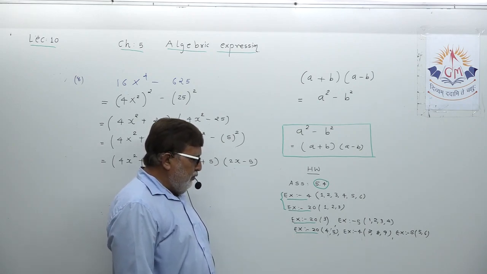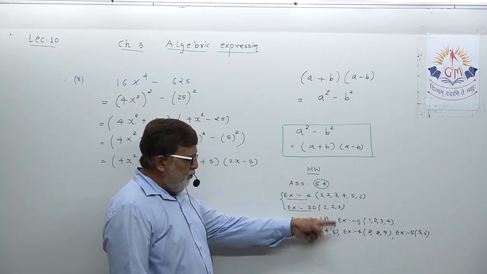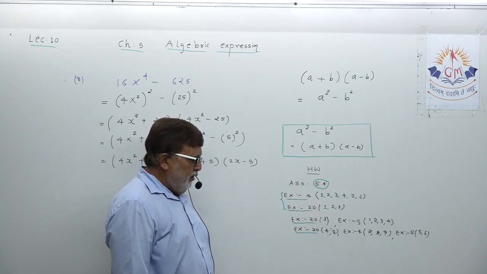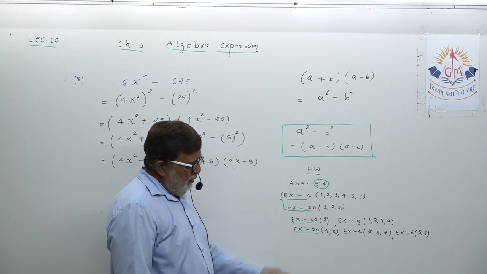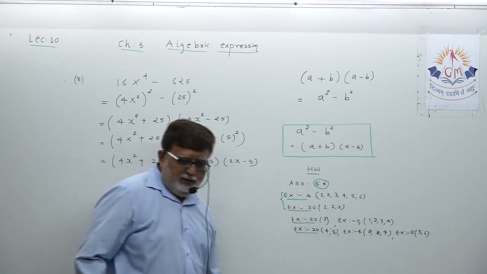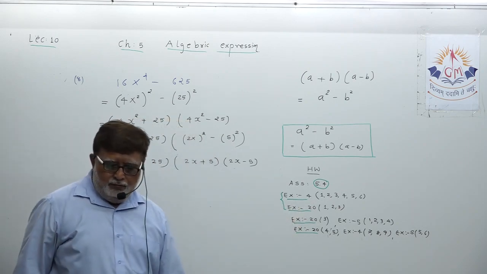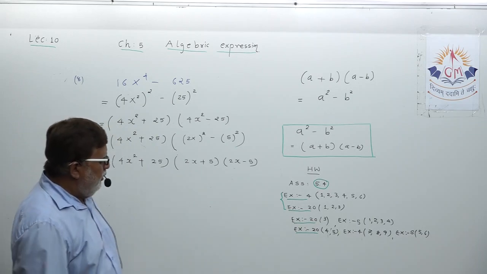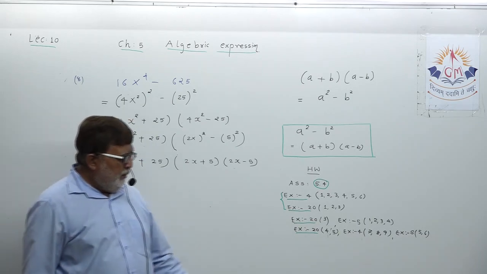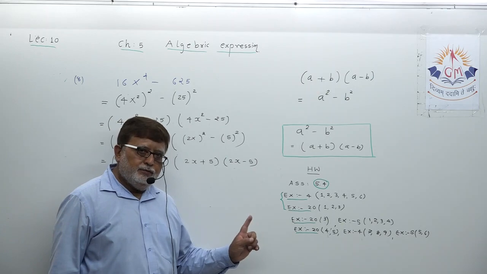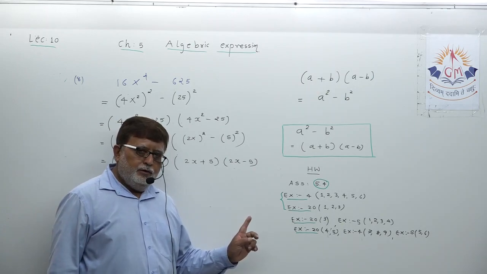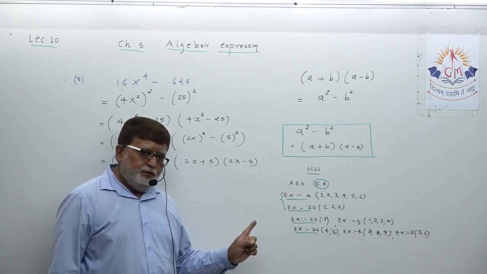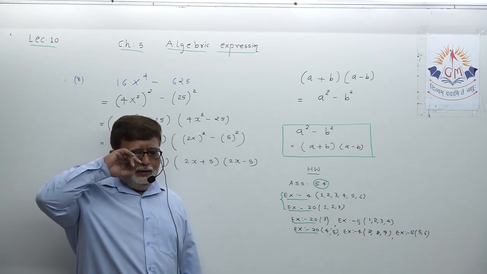Again illustration 24, 5. Again from assignment, for example 4, 7, 8, 9. And from example 5, 5, 6. This is the homework you have to complete. Okay, dear student? You must have noted down the homework for this particular lecture.